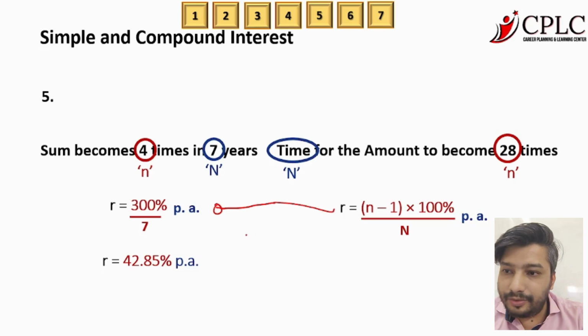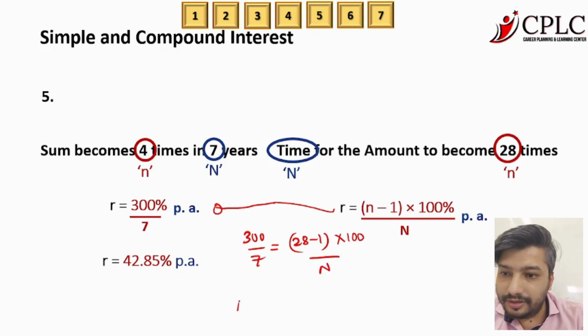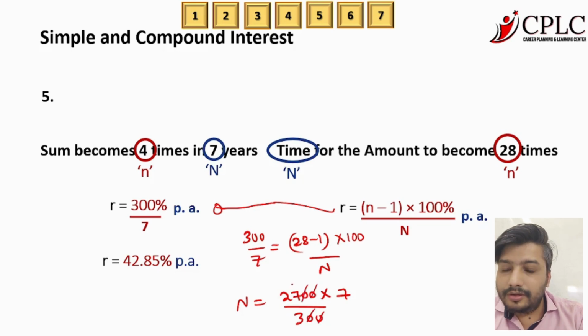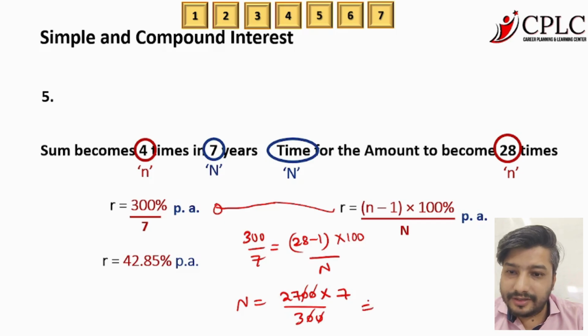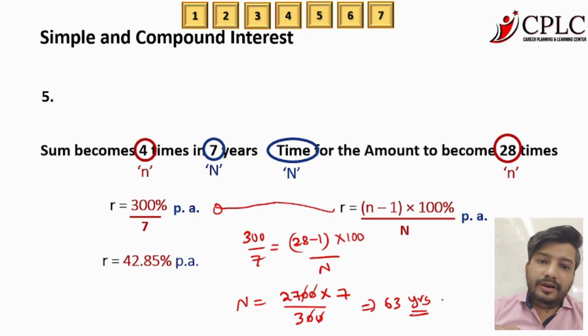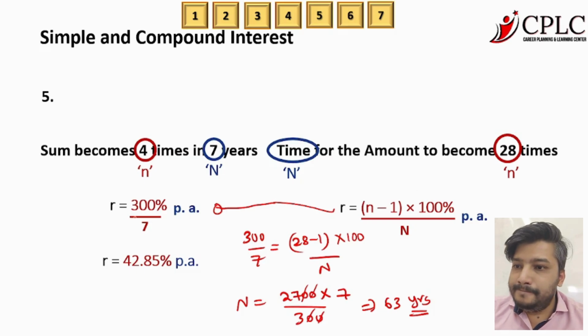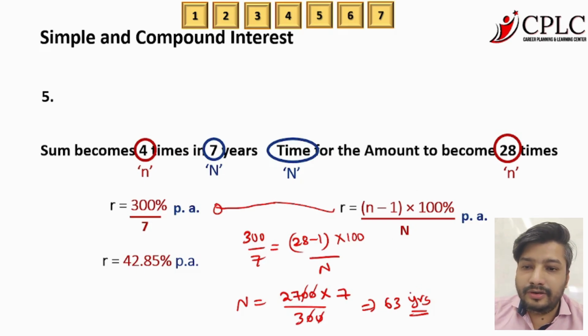So same formula, if I substitute 300 by 7, small n 28 times, so 28 minus 1 into 100 upon capital N. So N goes here, this all comes here, so this is 2700 into 7 by 300. 3 9s are 27, 9 7s are 63. So 63 years it should take for the amount to become 28 times at this particular pace.